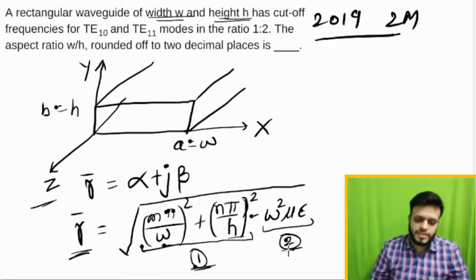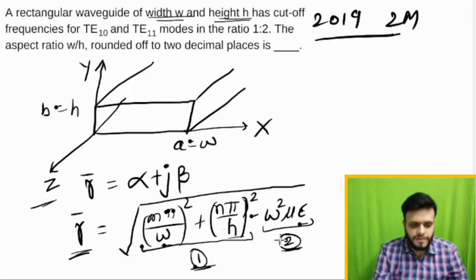And in this second part, mu is your permeability and epsilon is your permittivity, which is constant for whichever medium it is. If the waveguide is filled with air, it has mu naught and epsilon naught values.